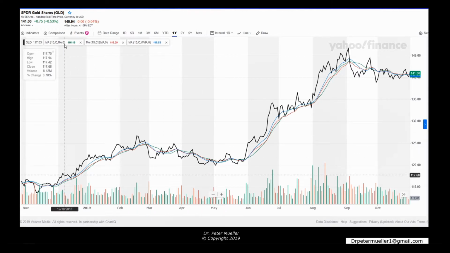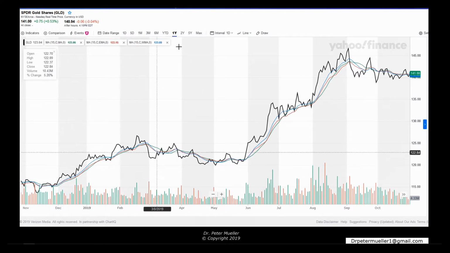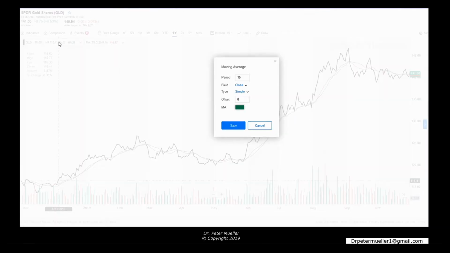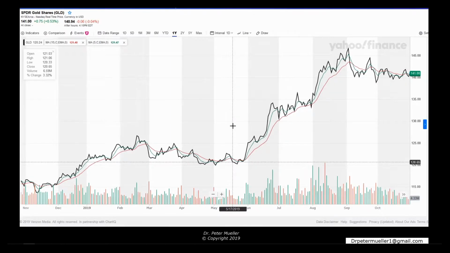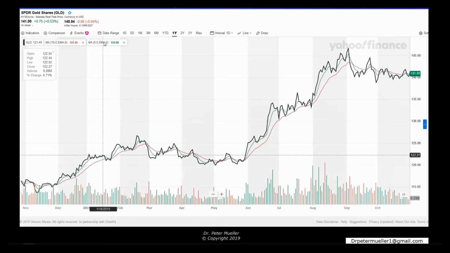Now for that matter, let's take an example here. Let's make the first one a 5-day exponential moving average and keep it green, and make a second one. Now we have it.